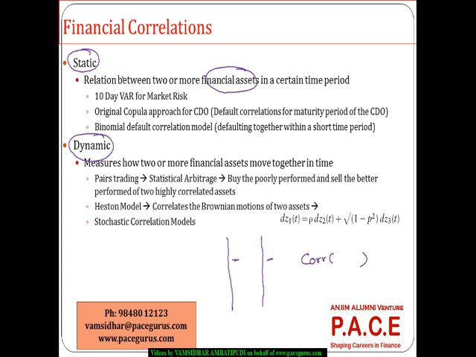I am computing that number on a regular basis, and once it is computed, it is the value that is associated with the correlation. It's not changing with time.